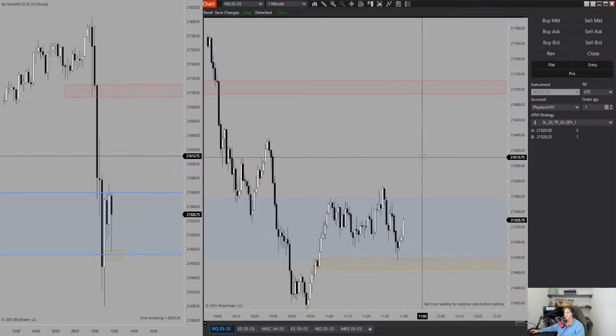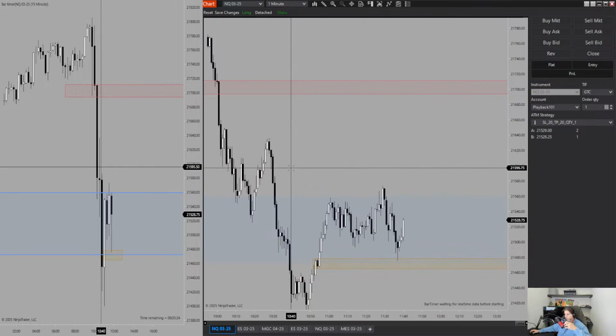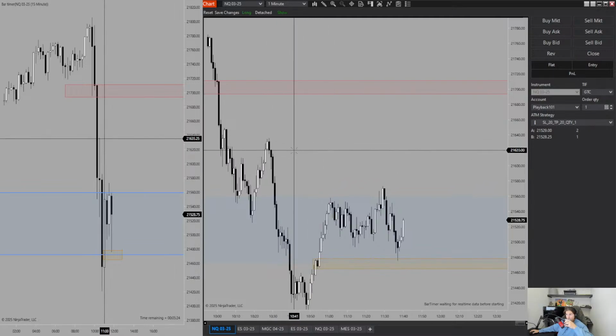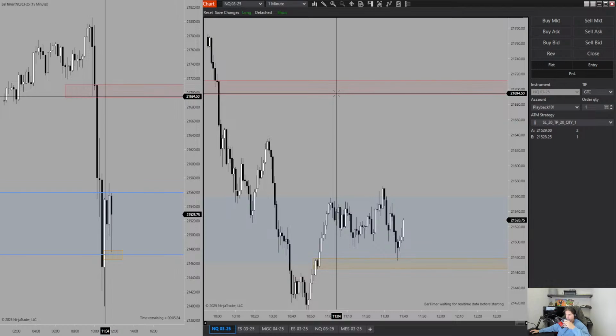So it looks like we're looking for longs at the moment to probably come back for scalps, at least back up to here. And if we get any continuation, take this liquidity up into the supply. Would be the game plan here.